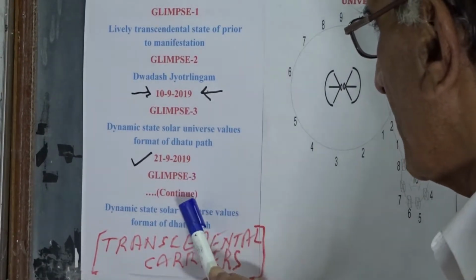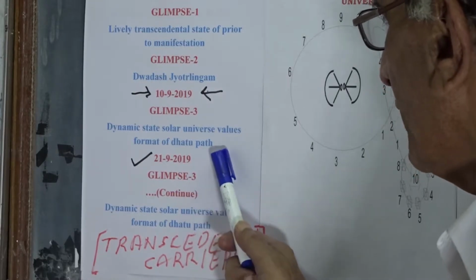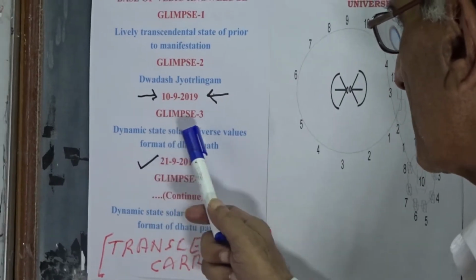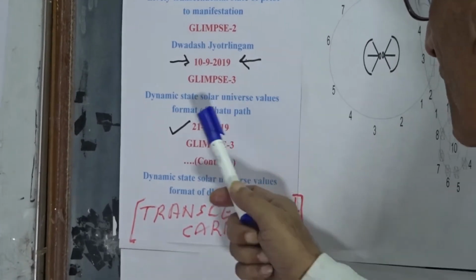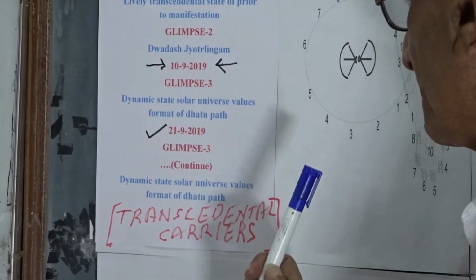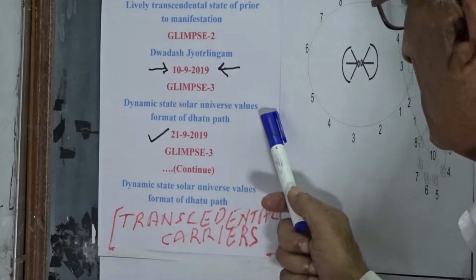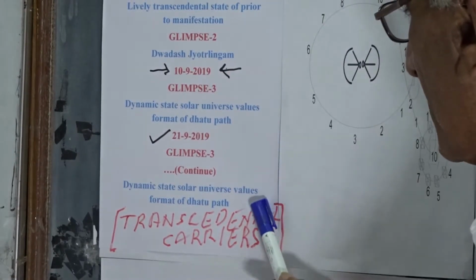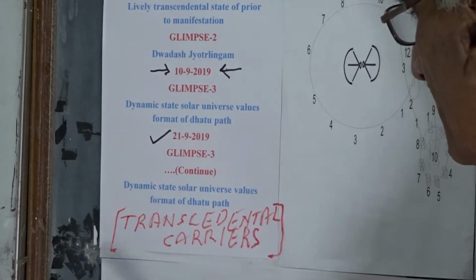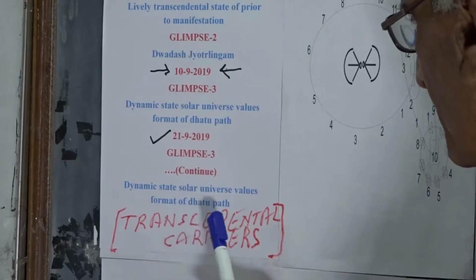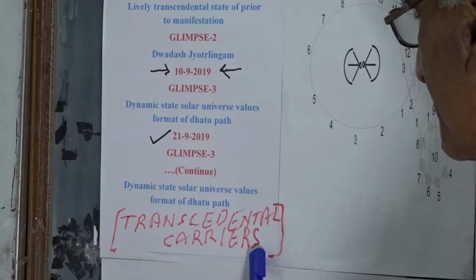Today we are continuing with the dynamic state solar universe values format of the Dhatu part. The focus today is going to be upon the concept of transcendental carriers.